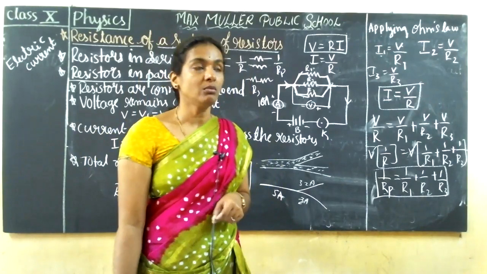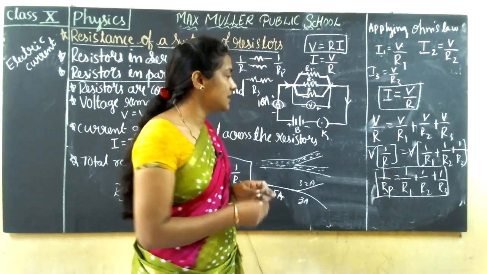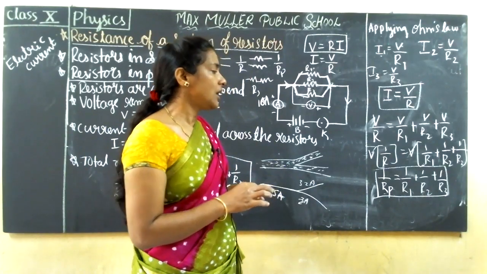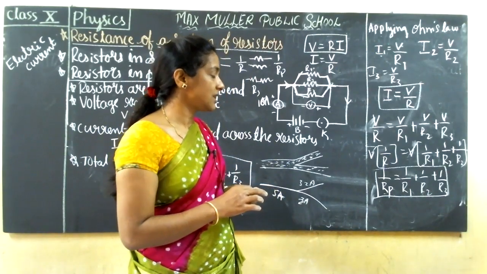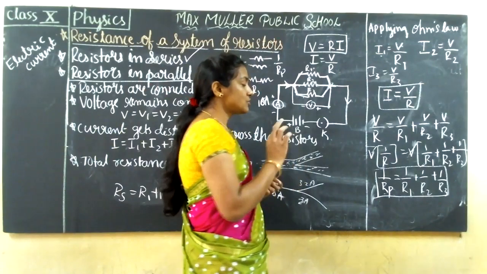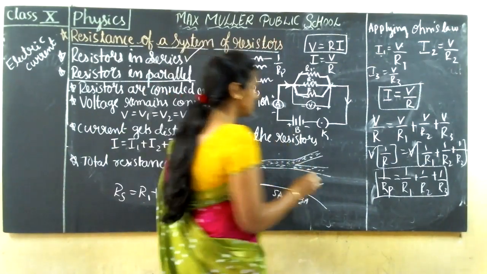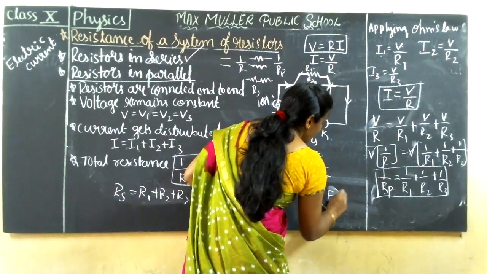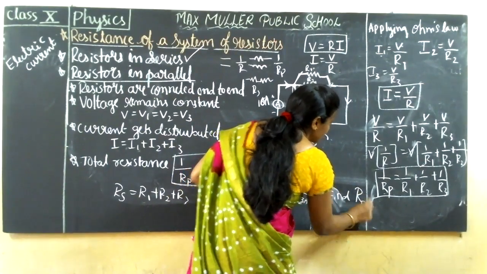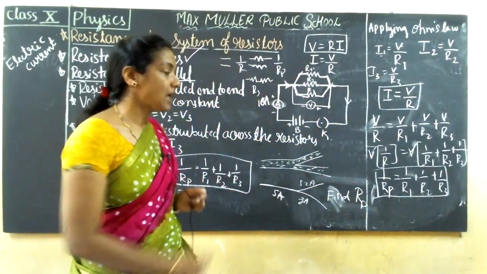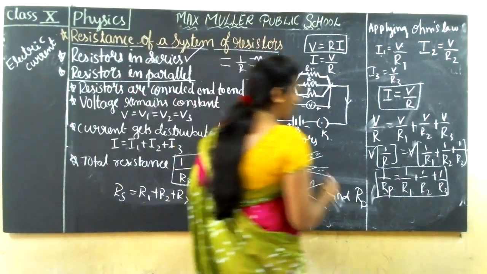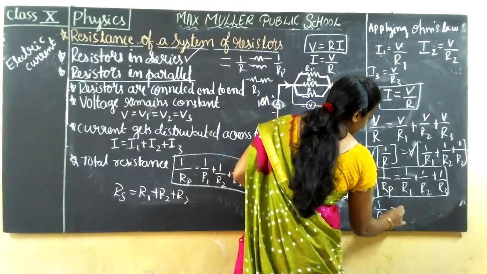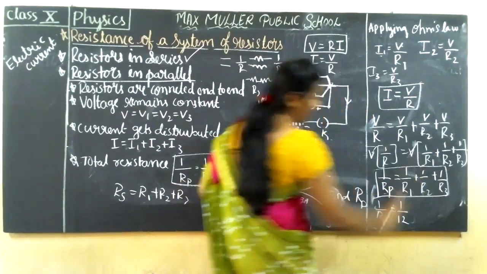Here is one more point I want to explain, guys. When resistors are connected in parallel, in the exam they will ask you to find Rp. What the children do is just write the answer of 1 by Rp, like 1 by 12.